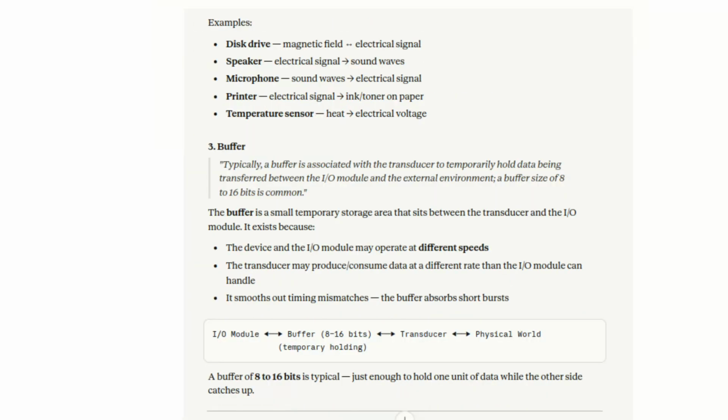Now we are talking about buffer. Buffer is what is associated with the transducer to temporarily hold data being transferred between the IO module and the external device. A buffer size of 8 to 16 bits is basically common.